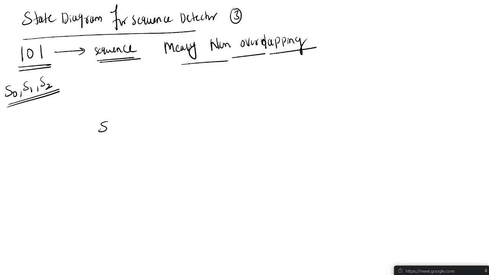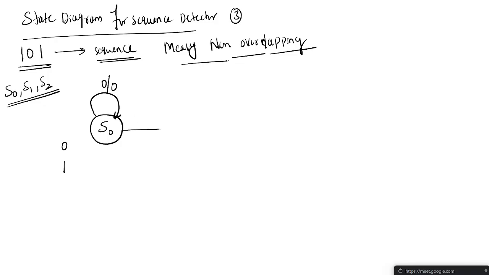See here, you are at S0. Suppose the input is 0. It will be in the same state and the output is 0. Why? Because you are expecting 1, but you got 0. You can get either 0 or 1. So if it is 0, it will be in the same state.